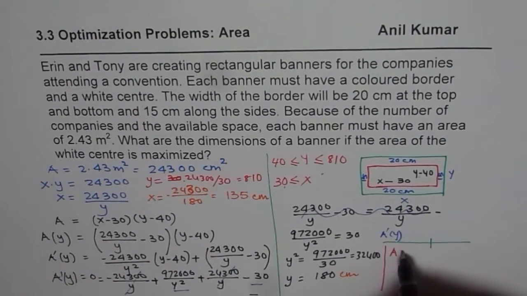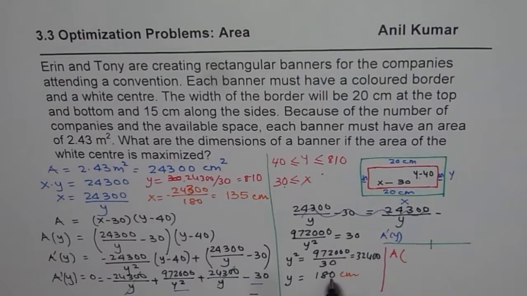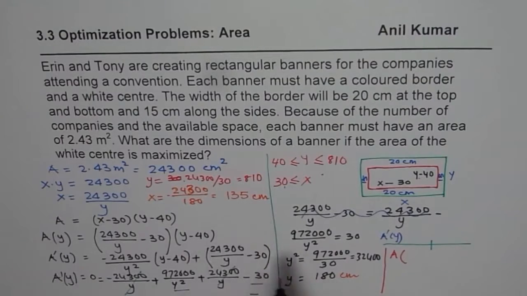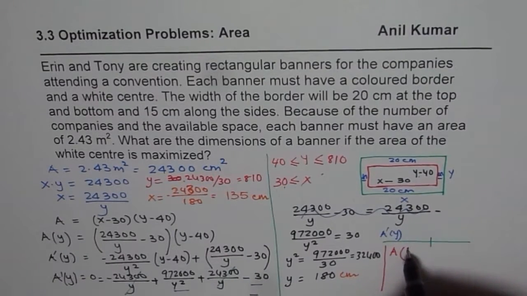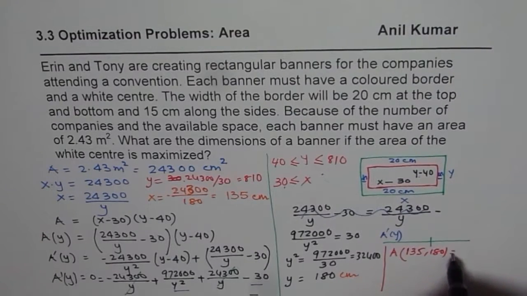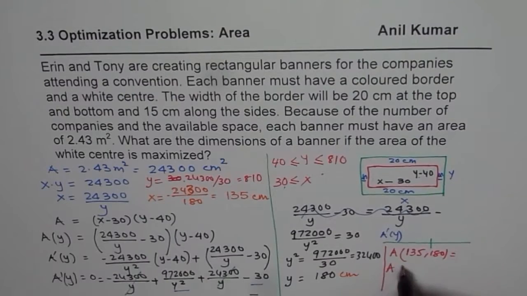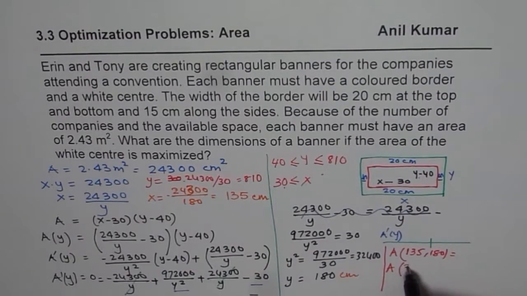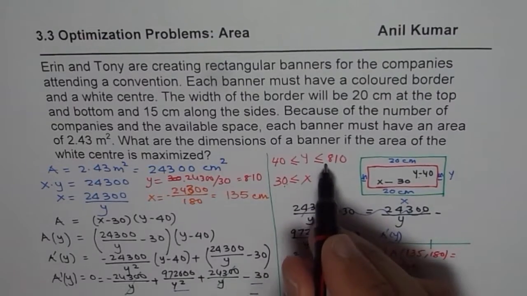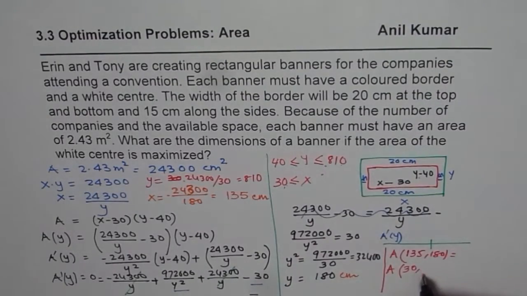We'll find the area when y is 180, and if y is 180, we know x is 135. This is where we expect the maximum area. Also find the area when the x value is 30. In that case, the y value will be 810.